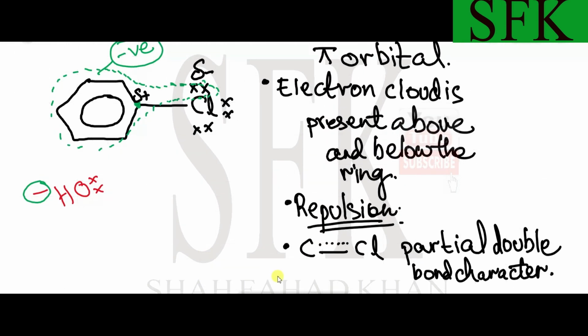The electron density is spread over the entire ring and is continuously spreading over the carbon-chlorine bond as well, but is not stationary there. Since the electron density is also spreading over the carbon-chlorine bond and is not present here permanently, it gives the carbon-chlorine bond a partial double bond character.